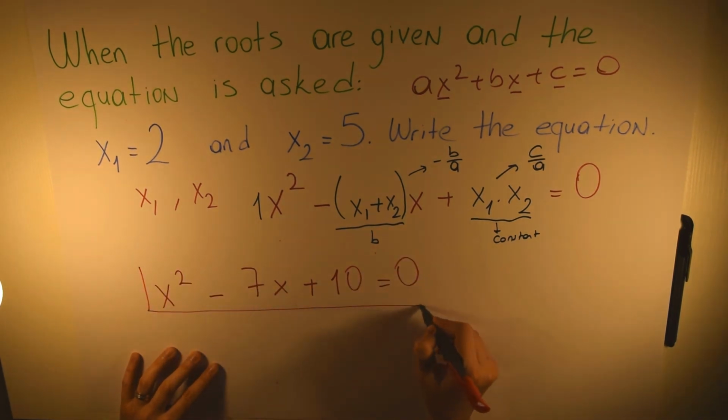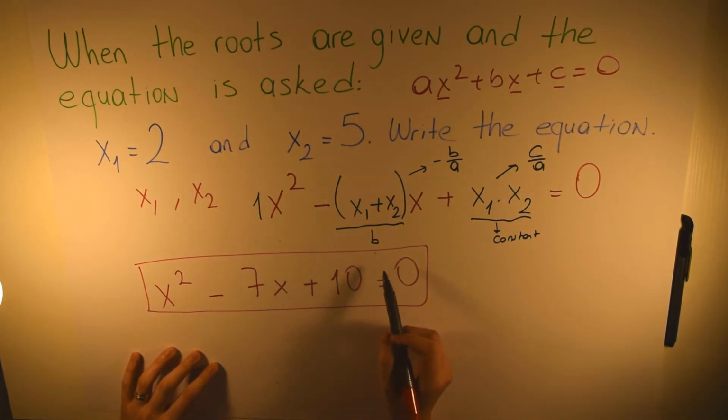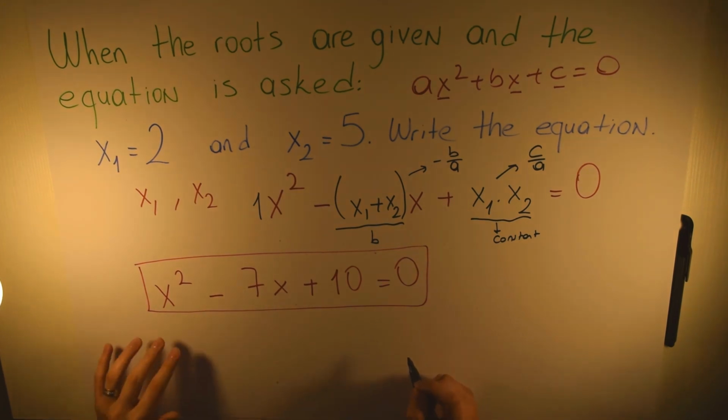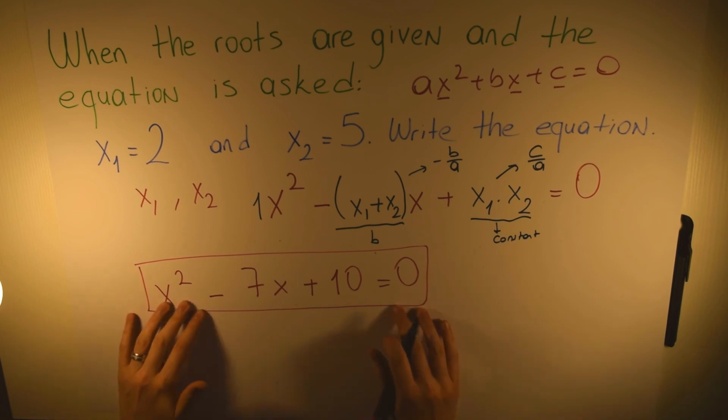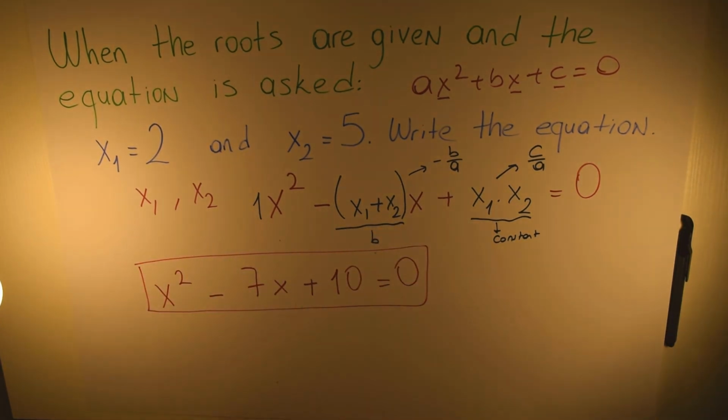As you can see, when you know the logic behind this, it's very easy to find the equation when they give you the roots. So this is the process you need to follow to get the right answer in this kind of questions.